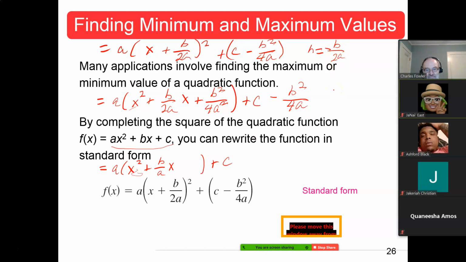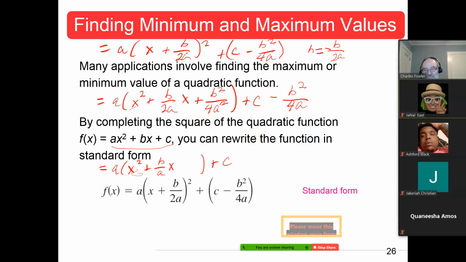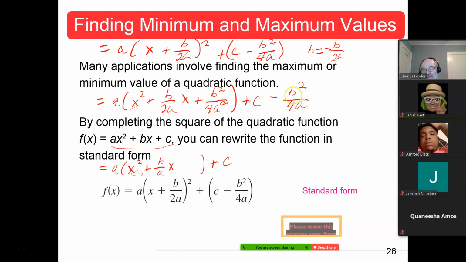So the vertex of the graph is minus b over 2a, that's the x value, and then rather than remembering all this mess, just plug in f of minus b over 2a into the original function. Just plug in minus b over 2a for your x, and you're going to get your y.